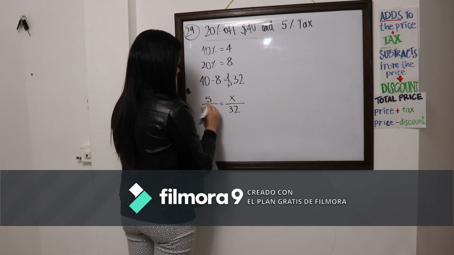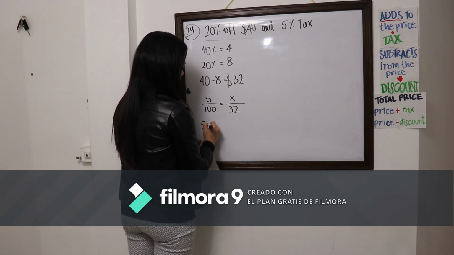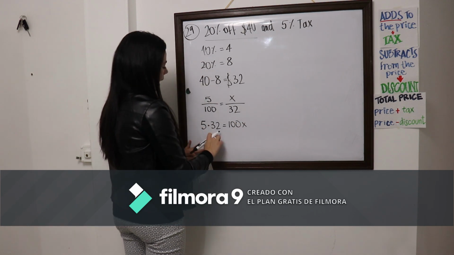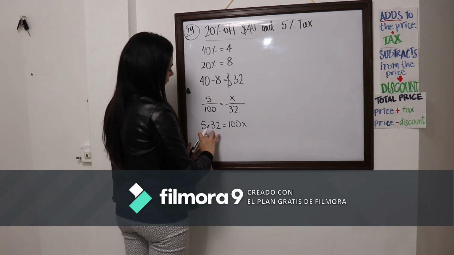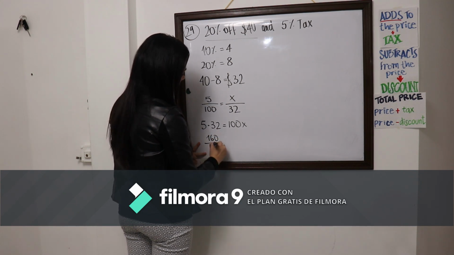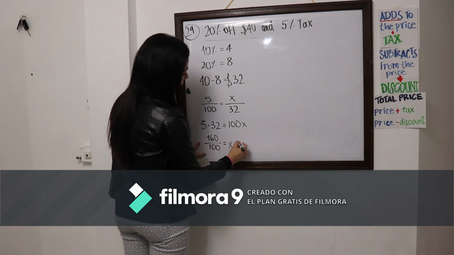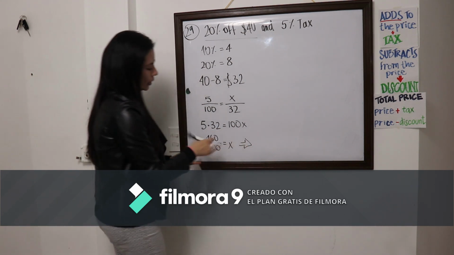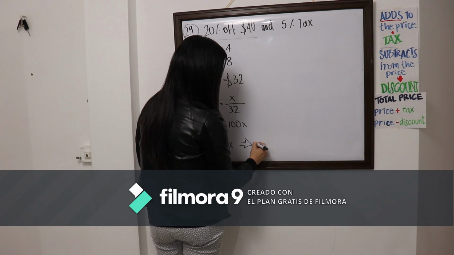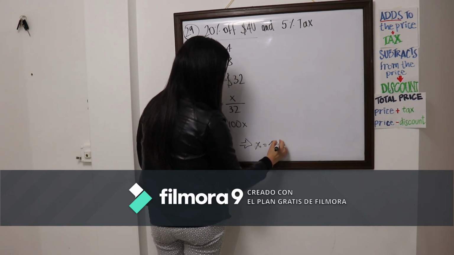And so this is gonna be 5 times 32 over 100 equals X. And I know this is gonna be 160 over 100, that's gonna be X. And now we need to move the decimal point. So this is gonna be X equals 1.6.